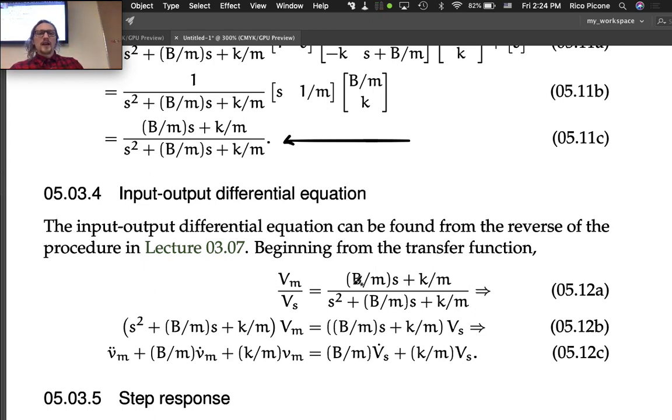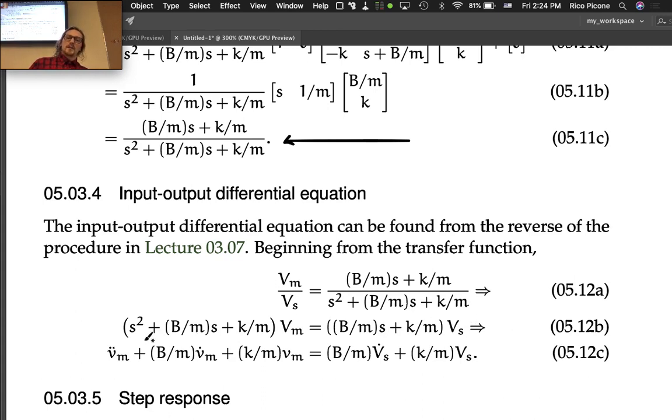I actually showed a few steps, even though we could just look at this and write down the differential equation by inspection. The transfer function is the ratio of Vm over Vs. If I move this denominator to the left-hand side and this denominator to the right-hand side, we get this next step here.